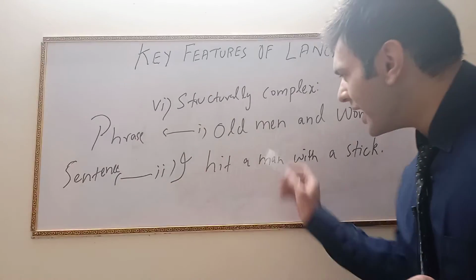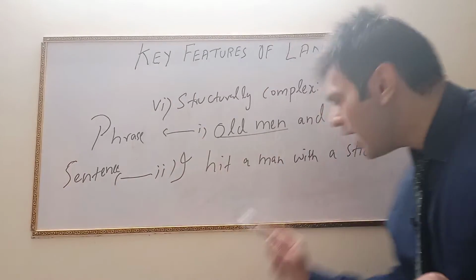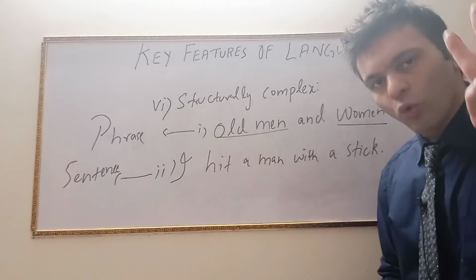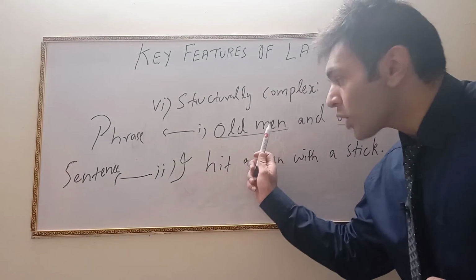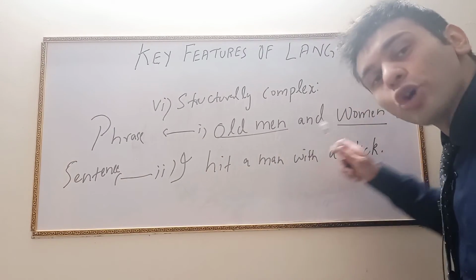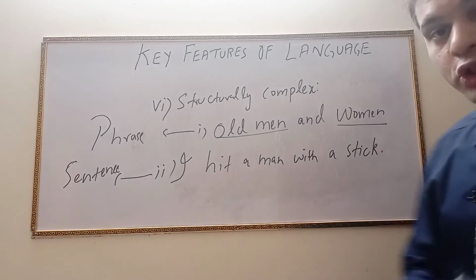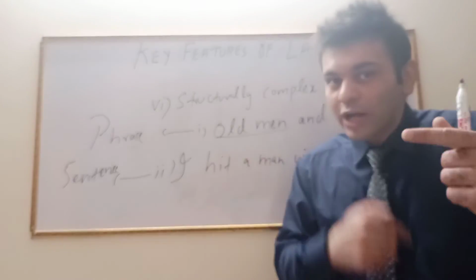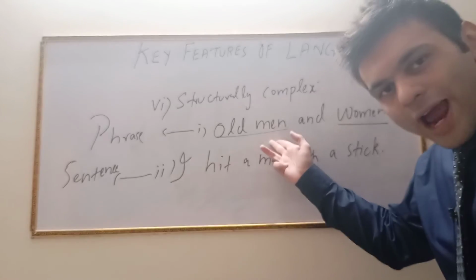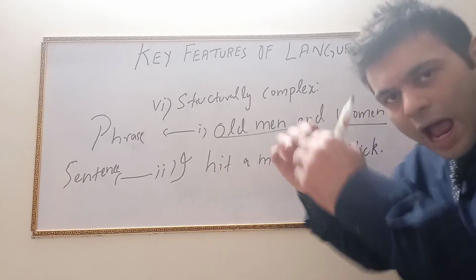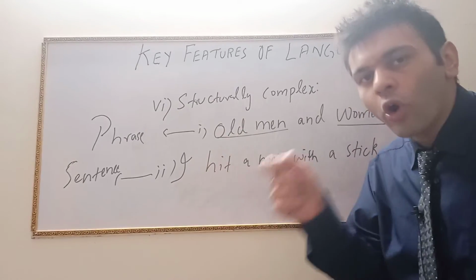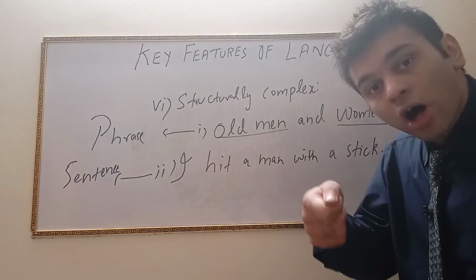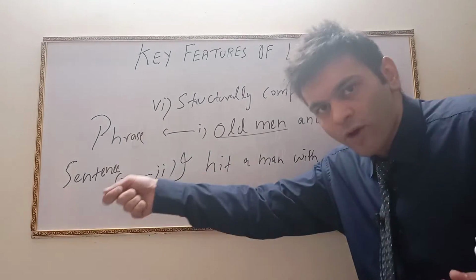One interpretation is old men and women. The second interpretation can be old men and old women. So these are two meanings that one can deduce from the apparent surface structure.